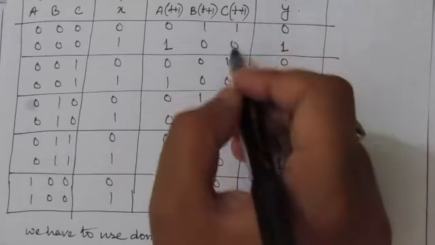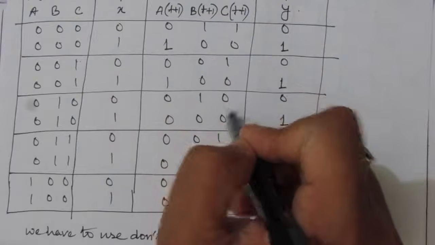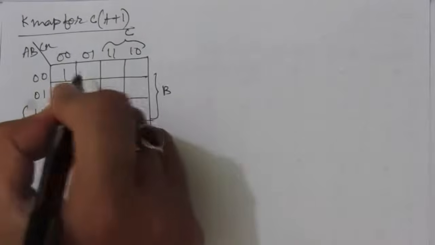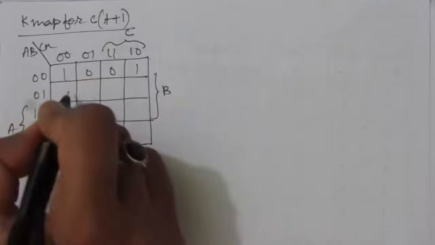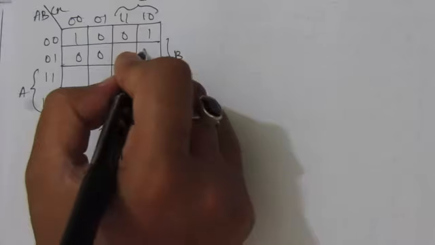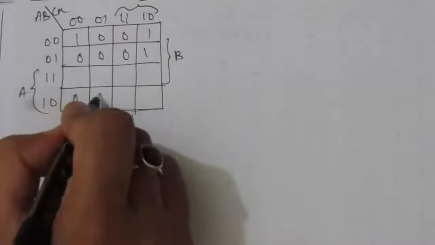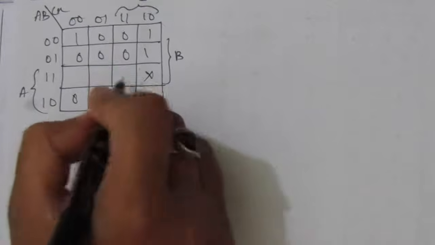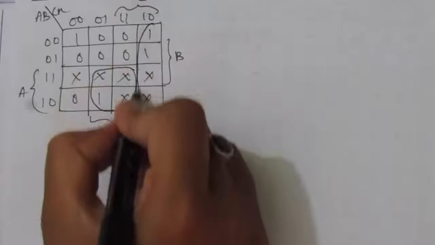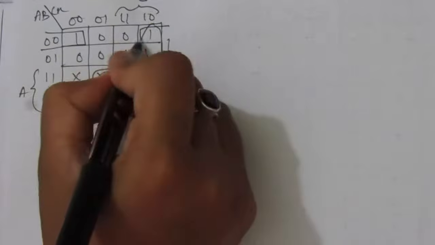So it is 1 0 1 0 0 0, 1 0 1 0 0 0. Then we have 1 0 0 1 1 0 0 1, and these are the don't care conditions. So this will be one term, this is the second term, and this will be the third term.